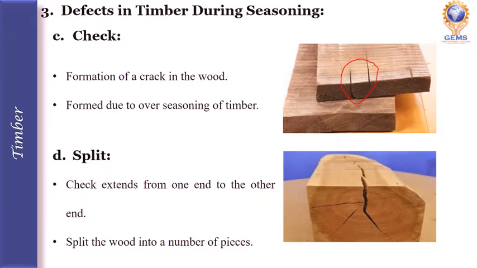The fourth defect is split. A split forms when the crack extends from one end to the other end of the wood piece. This split will divide the wood into a number of pieces.